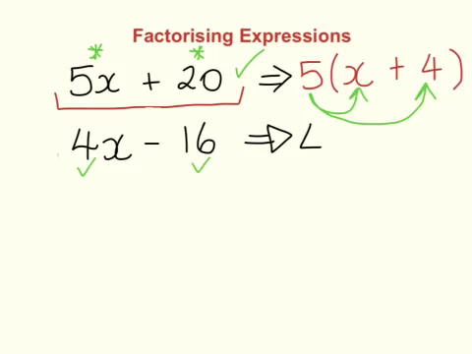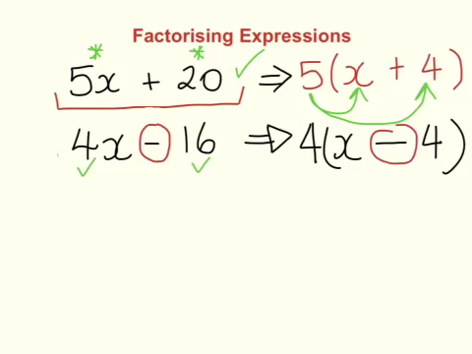We pull out a 4, and we're left with x minus 4. Don't forget to pay attention to what's going on with your signs. It's very important to get the signs correct. So let's have a think. If we were to go the other way and we were going to check our answer, we have 4 times x. 4 times minus 4 is minus 16.